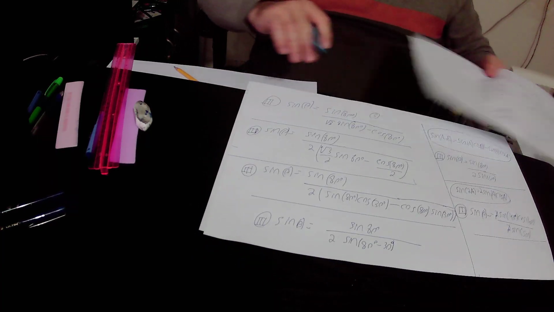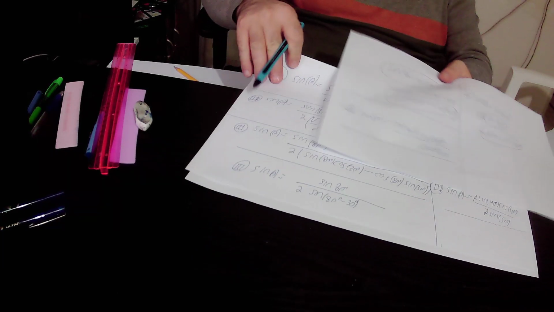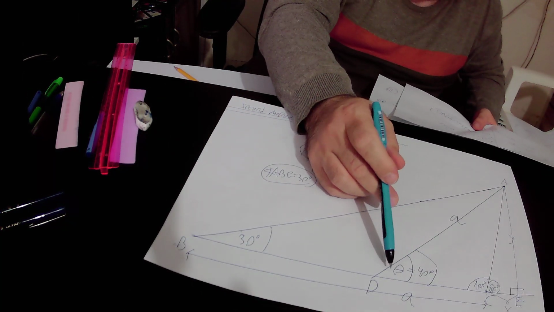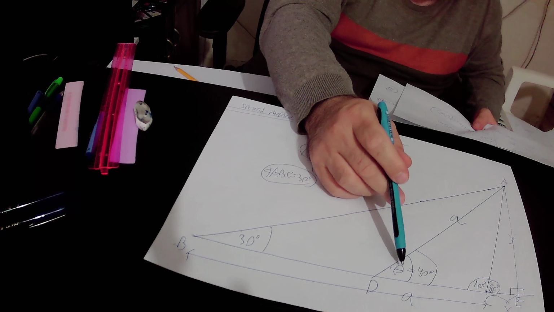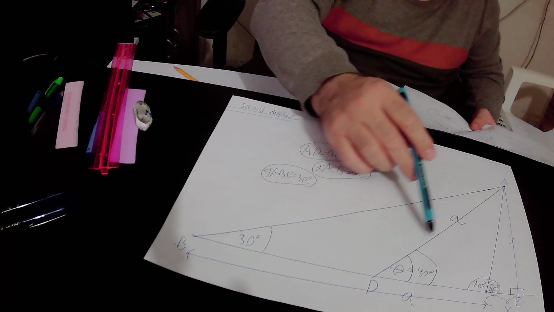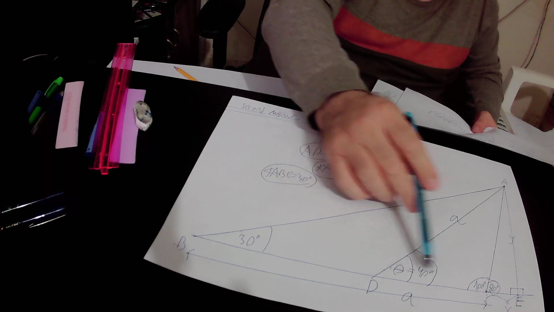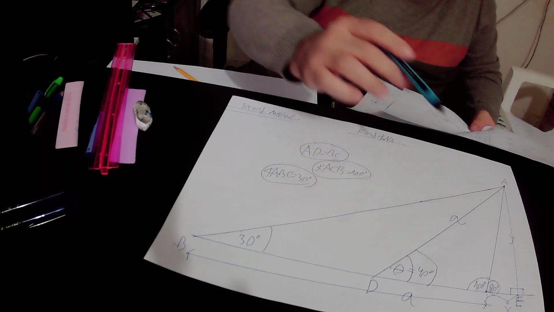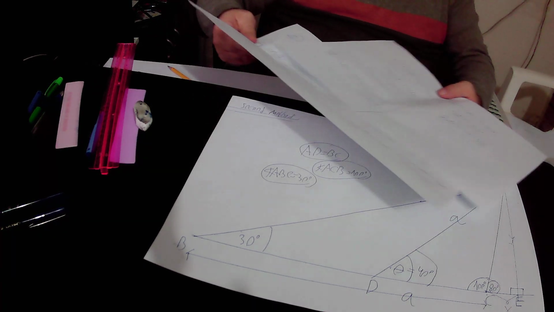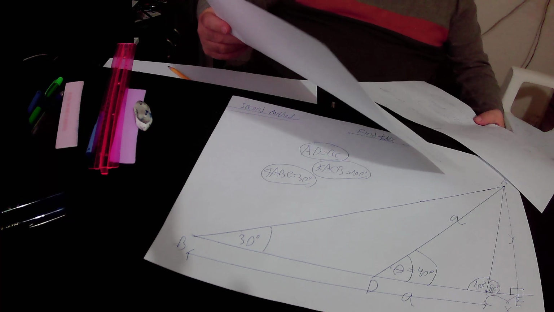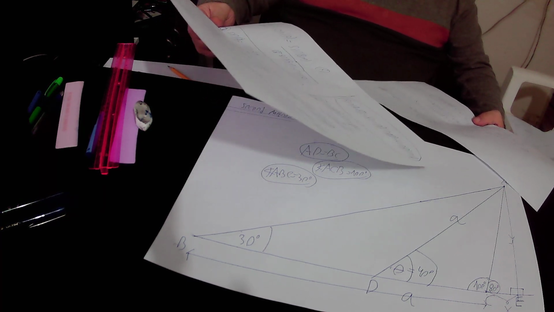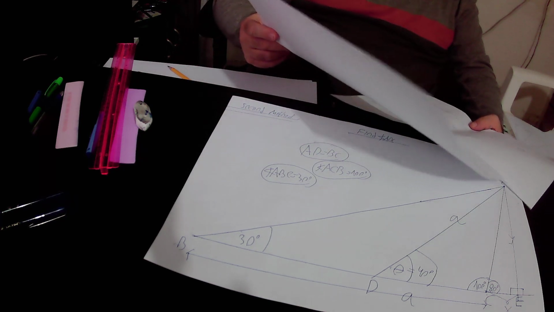So here the angle that we are looking for is angle theta, and we found out that angle theta equals 40 degrees. That is to say, the angle that we are looking for, that is actually angle ADC, equals angle theta equals 40 degrees. So in both methods we actually found out that the value of angle theta or angle ADC equals 40 degrees.